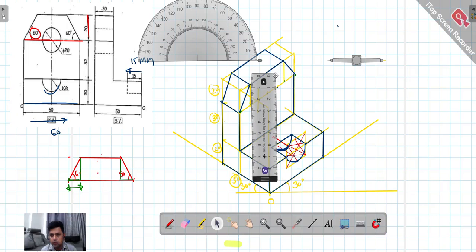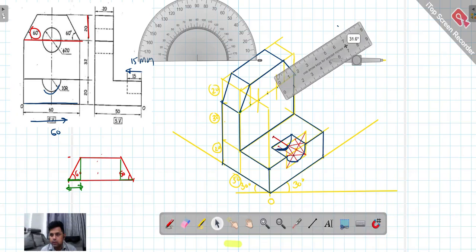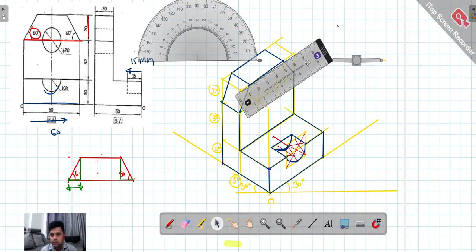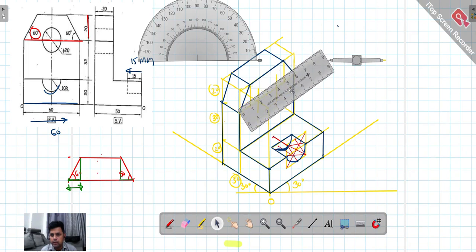I draw 20 and I'll take the scale here. I'll again draw 20. I'll rotate the scale to this line. I'll draw a parallel line here. From this I'll draw a parallel line.